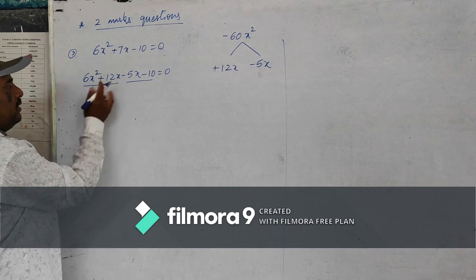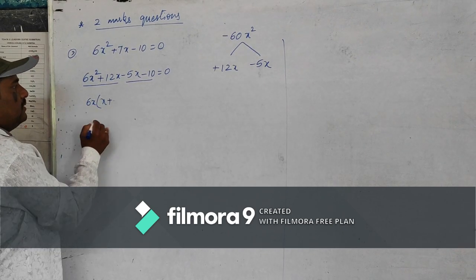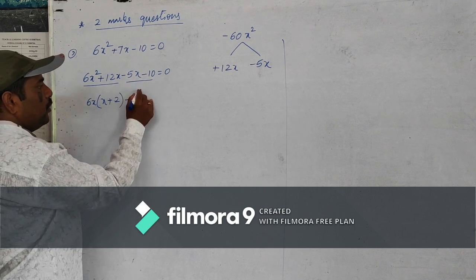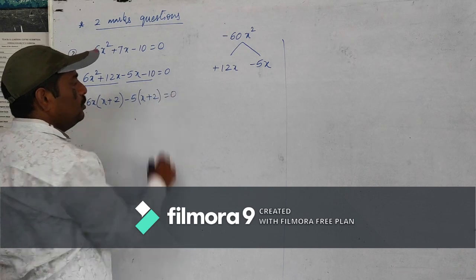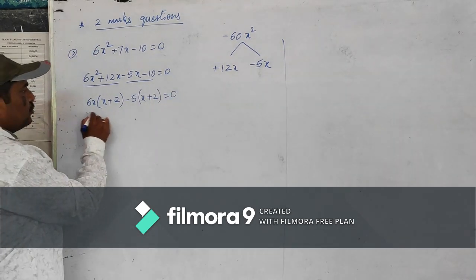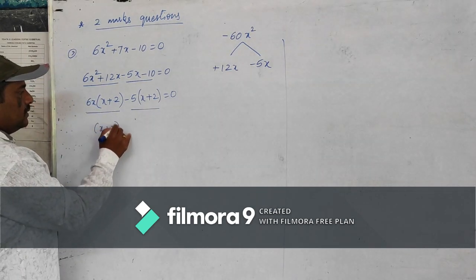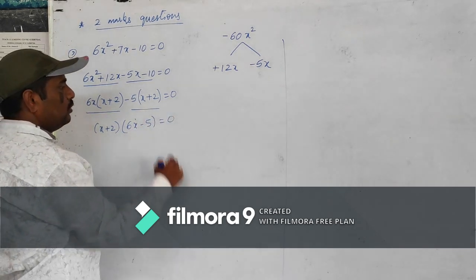Now what is the common here? 6x is the common and the remaining x plus 2. Here the common is minus 5 and the remaining x plus 2 is equal to 0. In these two terms, what is the common? x plus 2 is common and the remaining 6x minus 5 is equal to 0.